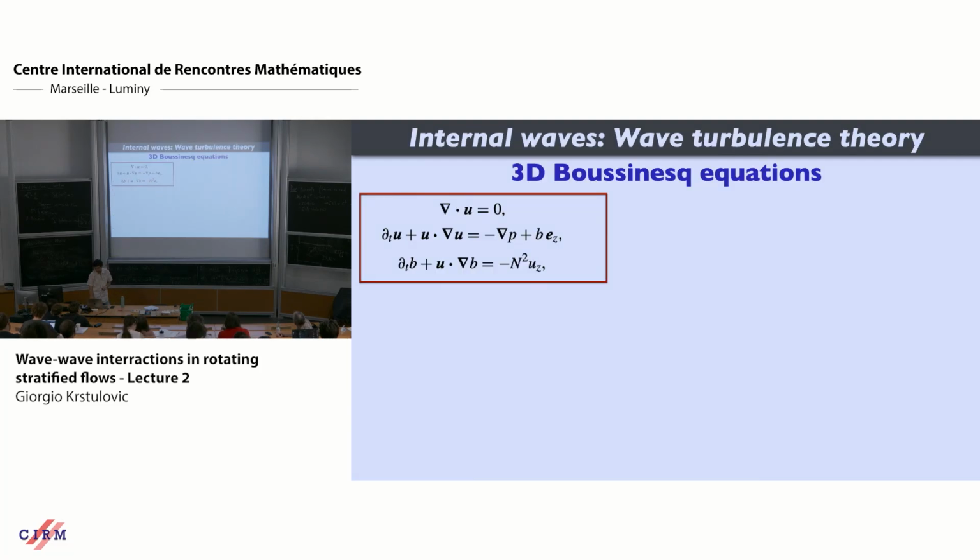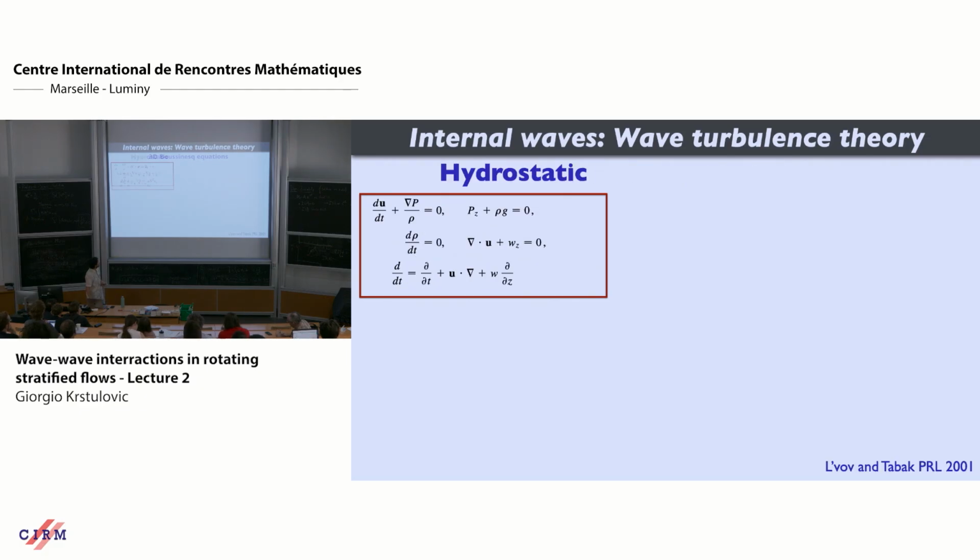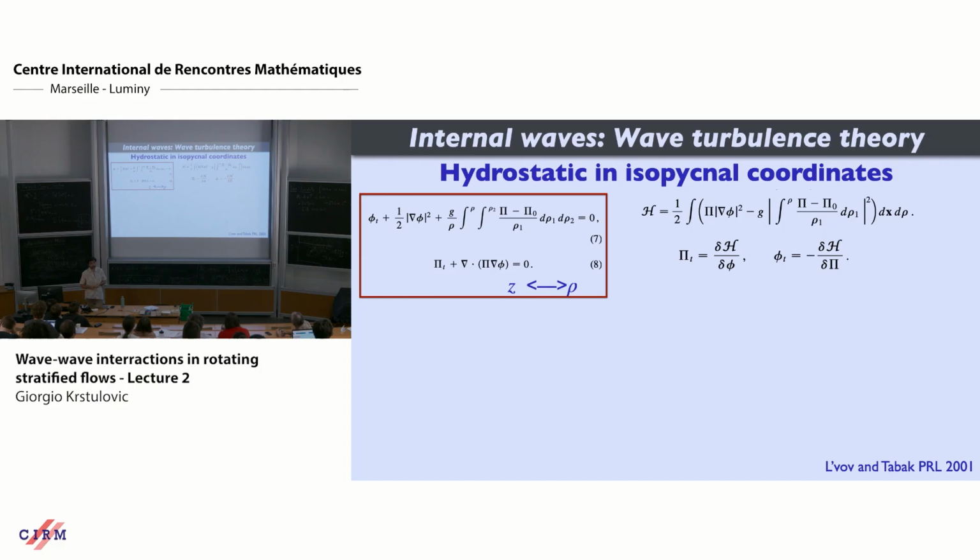I will probably just be quick about the wave turbulence theory. For stratified fluids, perhaps the simplest and most beautiful paper is the one by Herbault and Tabac in 2001, where instead of taking Boussinesq's equation, they use the hydrostatic approximation, then use isopycnal coordinates, where density and depth are one-to-one related, so I can express fluid dynamics in terms of rho.